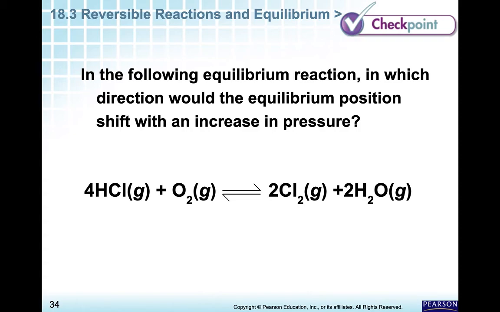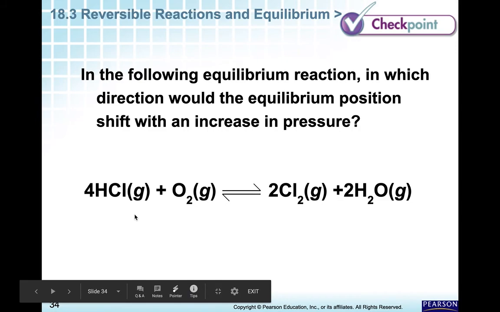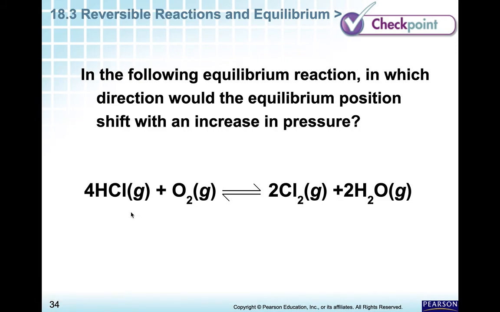Alright, one more example for you to look at. Here's another equilibrium reaction. We want to know which direction the equilibrium position will shift with an increase in pressure. So take a second to think through that. So when it comes to pressure, remember all we care about is total moles of gas.